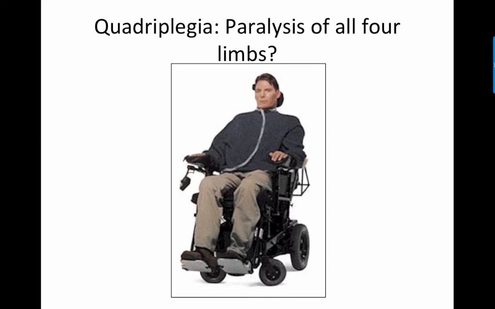So it could be that I've had both hands and both feet amputated. It could be that I have no use of my lower limbs and some use of my upper limbs. It could be that I have cerebral palsy. Maybe I'm able to walk, but all four limbs are affected. Maybe I had polio. There are a lot of different disabilities that would put somebody in a wheelchair.